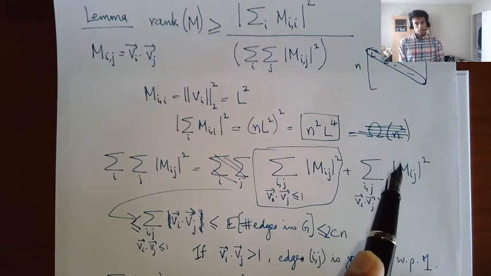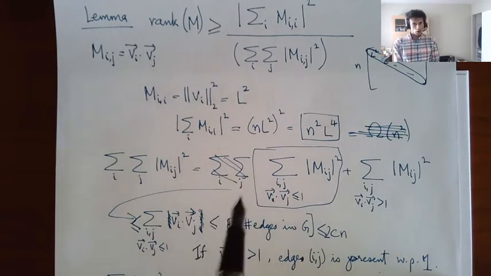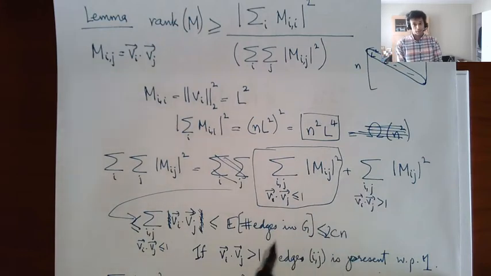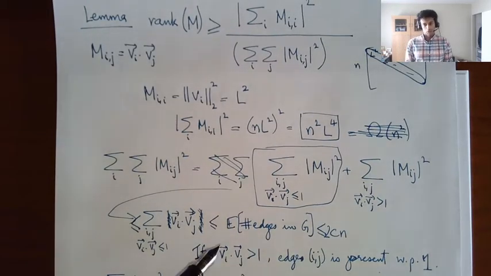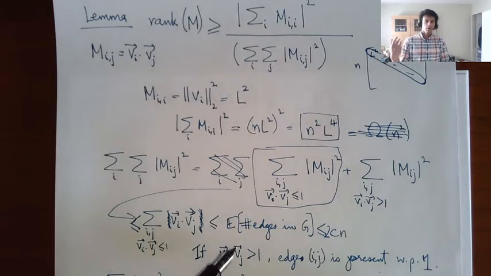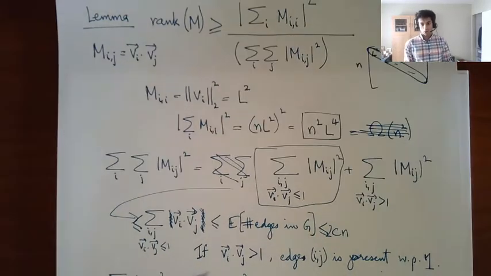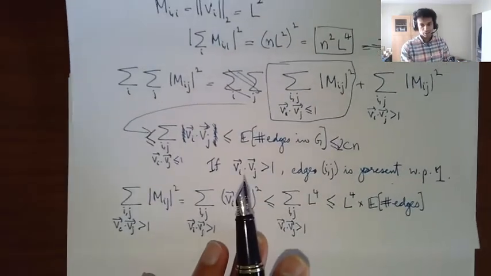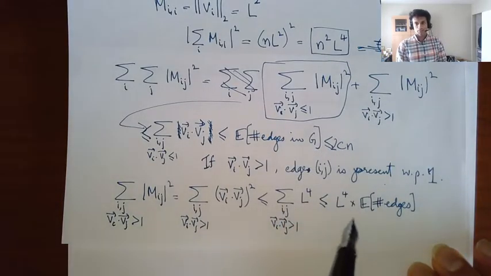In the second part, vi dot vj is greater than 1, so I cannot apply this upper bound. On the other hand, I know that if vi dot vj is greater than 1, the edge ij has to be present, because it's present with probability the min of the dot product and 1, which is going to be 1. So there cannot be many edges present. Indeed, the number of such entries is at most the expected number of edges.